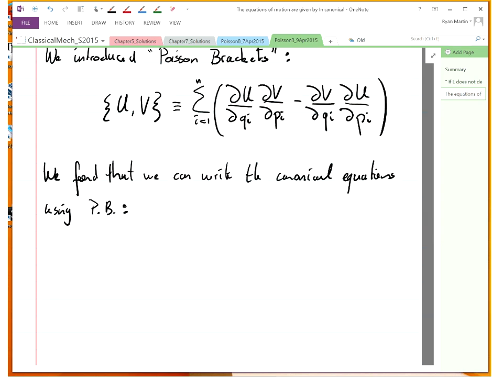And so using Poisson brackets, they're even more symmetric and pretty. So using Poisson brackets, the canonical equations are, so first you need to know what qi dot is. And you can find qi dot simply by taking the Poisson bracket of qi with the Hamiltonian. And similarly, you can do that for pi dot. That's given by the Poisson bracket of pi with the Hamiltonian.